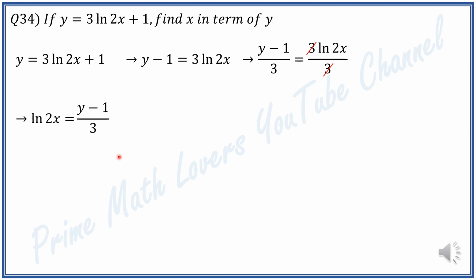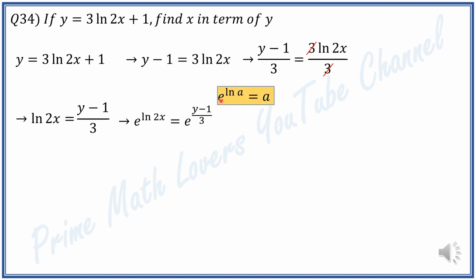Applying the inverse of the natural logarithm function, the exponential function, to both sides to eliminate the natural logarithm. So we get e to the power of ln of 2x is equal to e to the power of y minus 1 divided by 3.